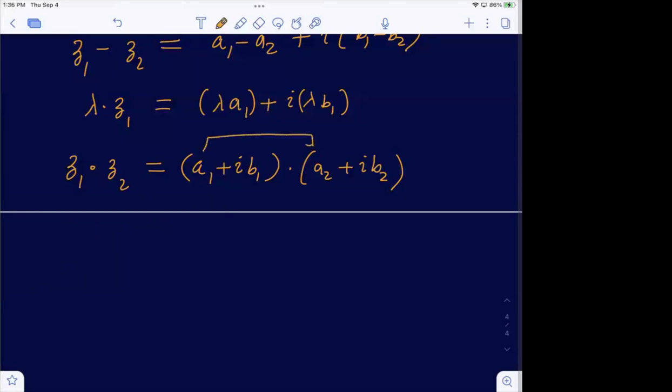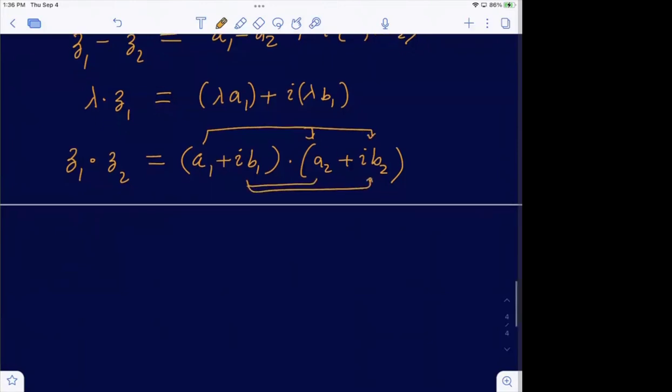Multiplying the first part and the second part, you get A1 A2 plus iB1 A2, and then iB2 A1.